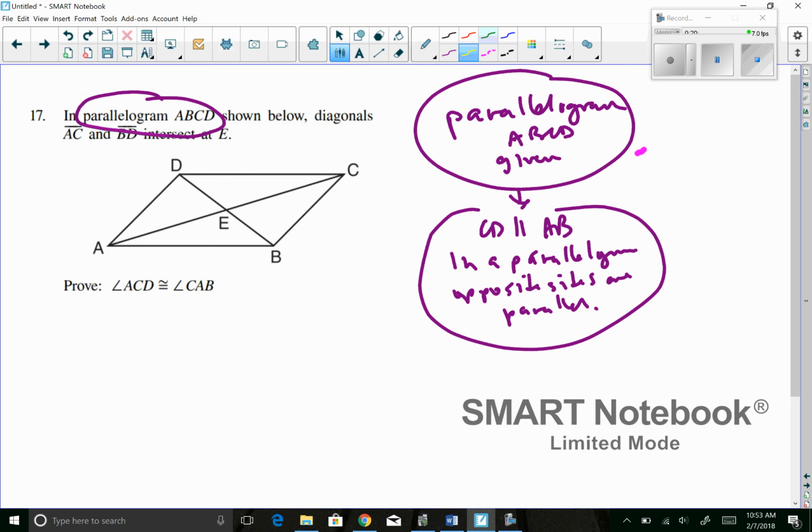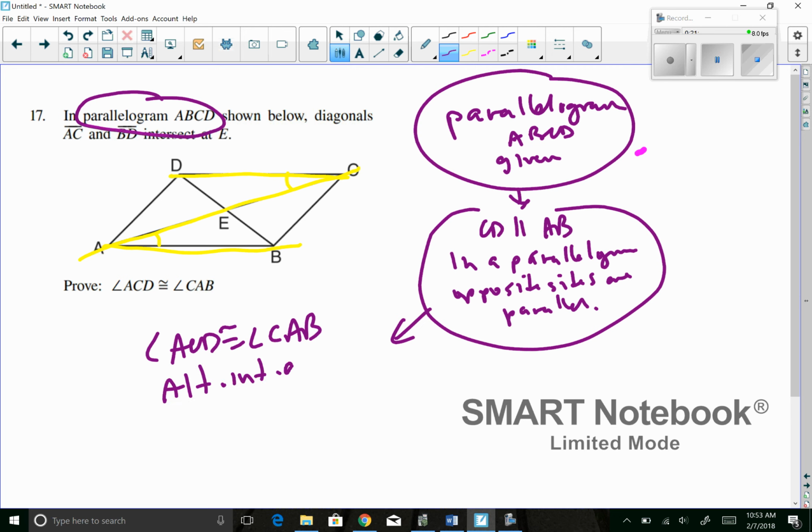Why is that important? Well, if this segment is parallel to this segment and this transversal cuts it, I know these two alternate interior angles are congruent. And those are the angles I want. So then right off of that bubble, I can say that angle ACD is congruent to angle CAB because of alternate interior angles.